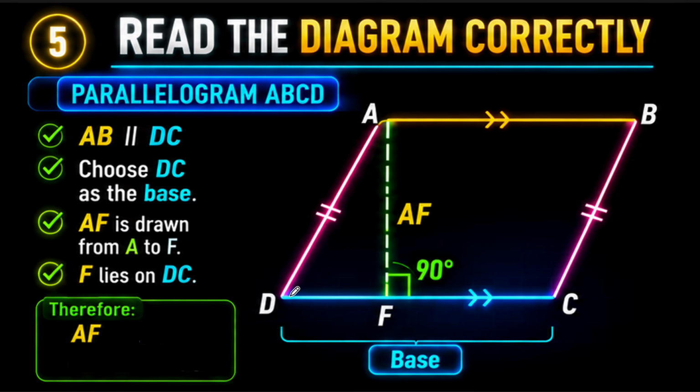So therefore, AF is perpendicular to DC. And the measure of angle AFD would be equal to 90 degrees as well. Okay, so that's how to read the diagram correctly.